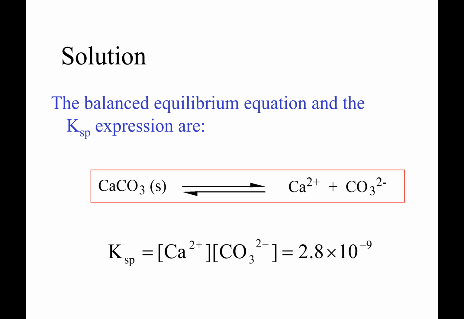Ksp is equal to the molar concentration of Ca2+ raised to the first power times the molar concentration of CO3 2- also raised to the first power, and we were given a value for Ksp of 2.8 times 10 to the minus 9. So when I go to grading your Unit 3 exam, I'll be looking for your work something like that. So when in doubt, write the equilibrium.